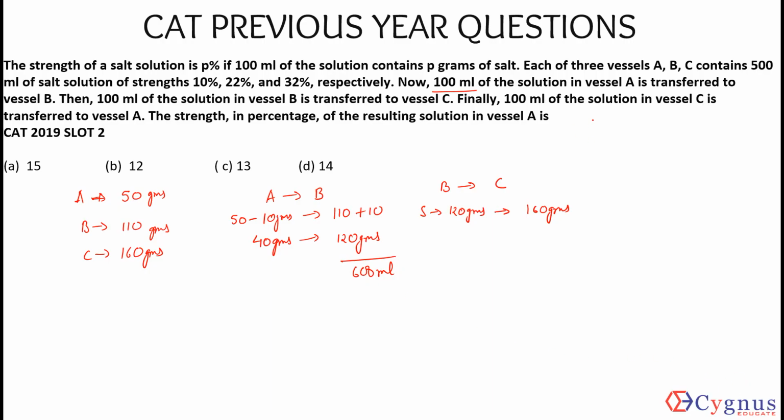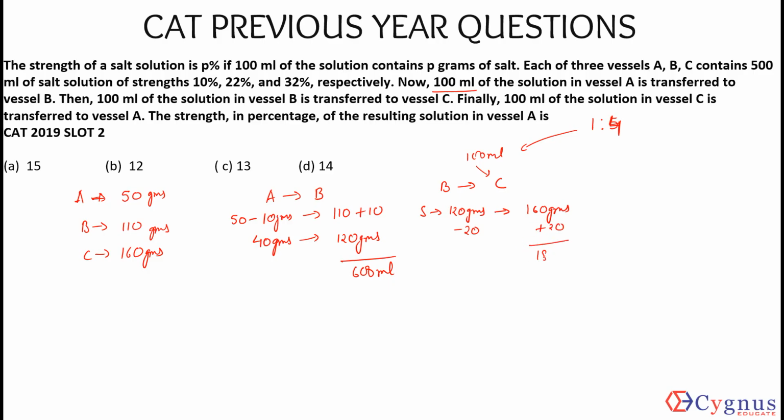Out of 600 ml, 120 grams is salt and the remaining 480 is the other component. That means they are in the ratio of 1 is to 4. So when you transfer 100 ml of B into C, it will have salt and the other component in the ratio 1 is to 4. So salt will be 1 by 5 of 100, that is 20. So 20 will be subtracted from here and added here.